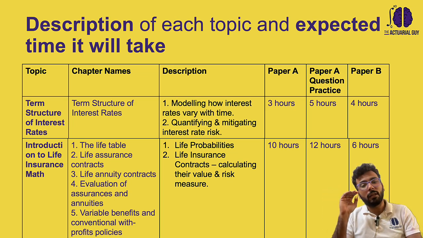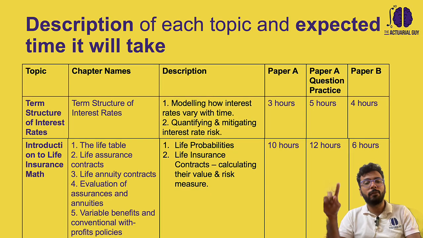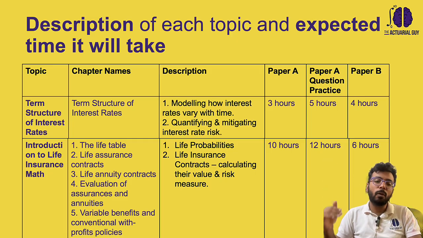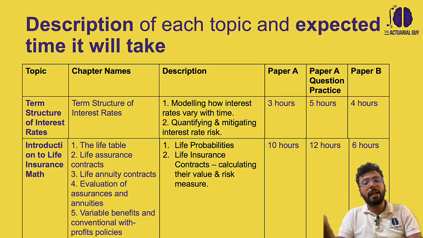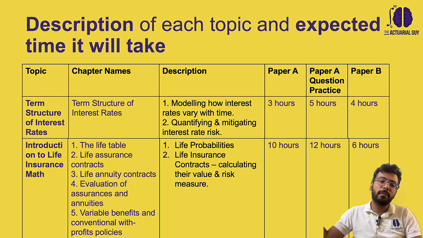We talk about probabilities of life and death, through a chapter which is called life tables. And then we talk about various contracts under life insurance and how you calculate their value and risk measures. So we talk about different kinds of assurance and annuity contracts here.